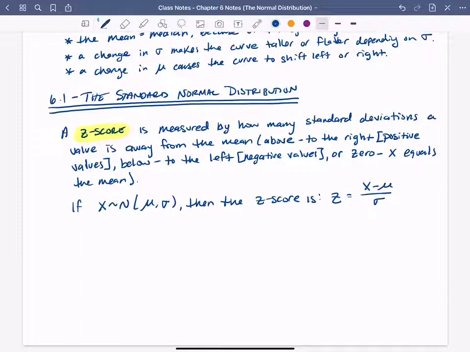You hear me say standard deviation more than sigma, so I'll try to get in the habit of using the same terminology. One thing I want you to know before we solve anything is that this is going to be incredibly important, first off.